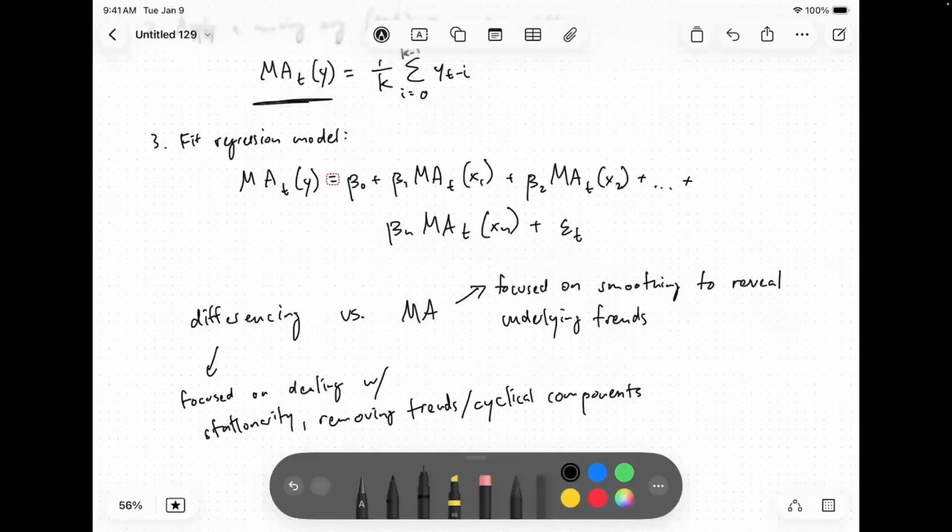Okay, so slightly different purposes. All right, any questions about this?